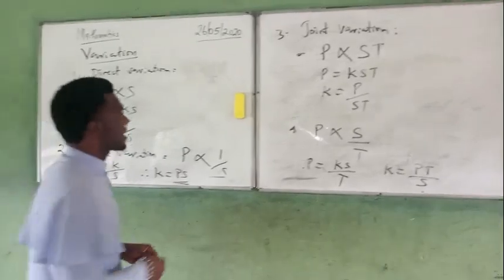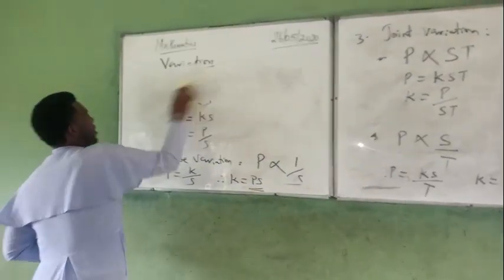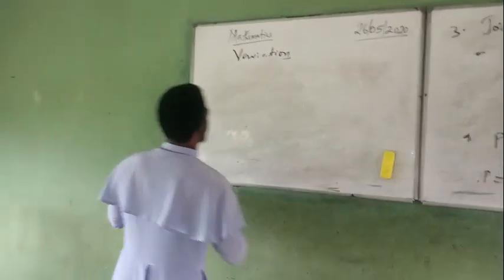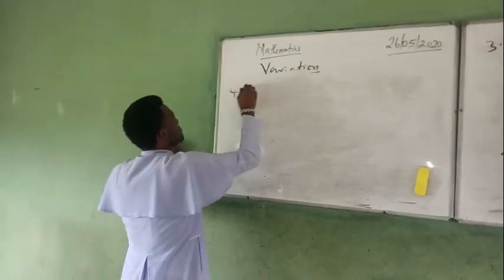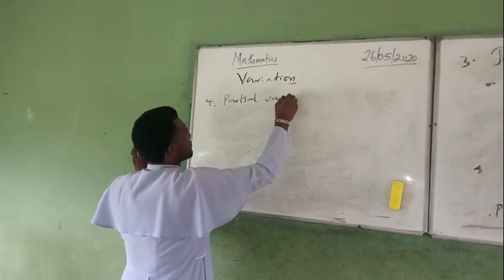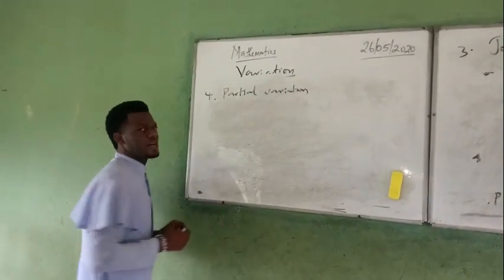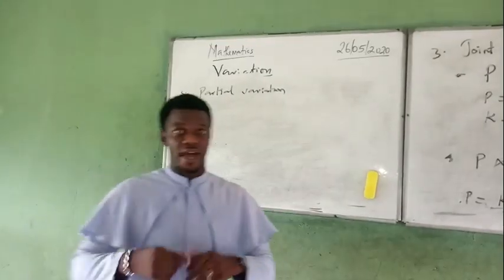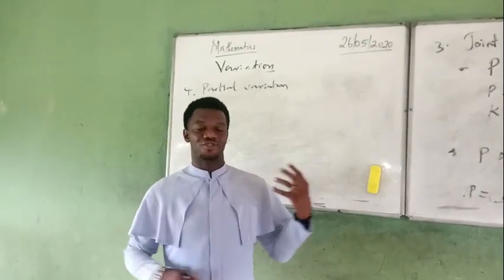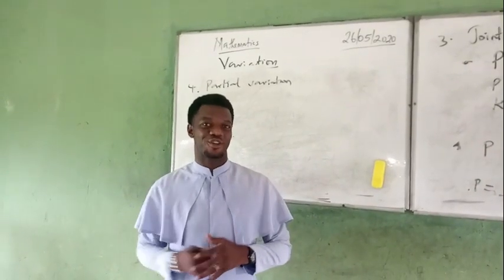Then the final type of variation is what we call the partial variation. Number 4, partial variation. In partial variation, we have 2 constants. And here it will lead us to simultaneous equation.